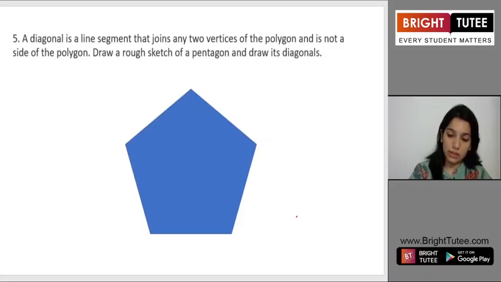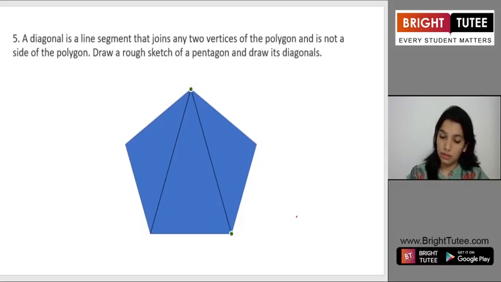So let's quickly get, okay, so from here, if I join, this is the first diagonal. Now again I'll join till here. So this is also another diagonal. Now I'm left with a few more. Let's join it.